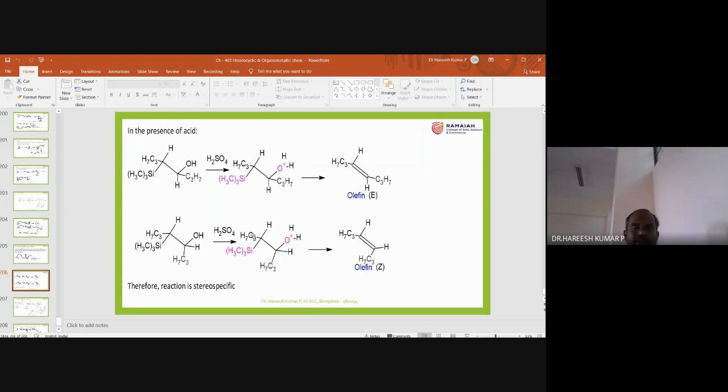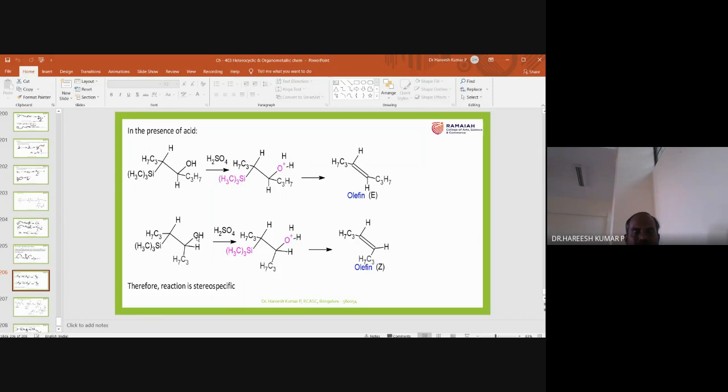So here, just observe the Peterson olefination and how the olefin is formed. This is the alpha carbon, this is beta hydroxy. That means a beta hydroxy containing silyl compound undergoes elimination in presence of H plus. Here H2SO4 will act as a source of H plus.